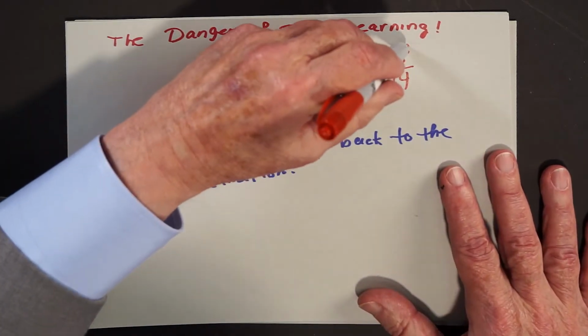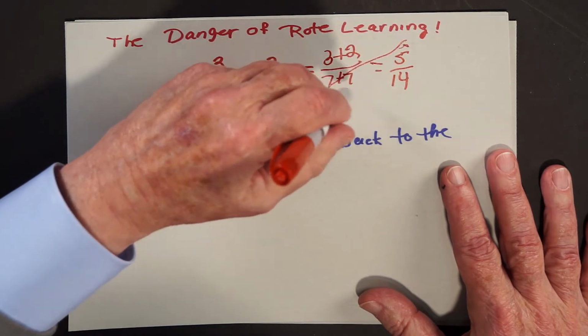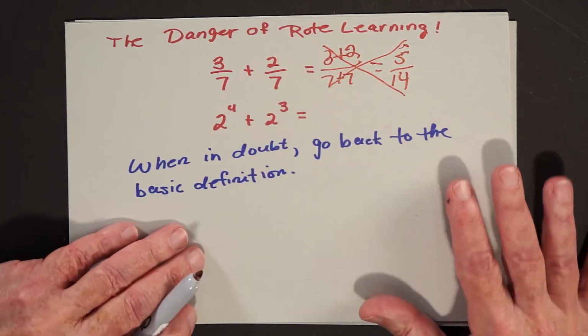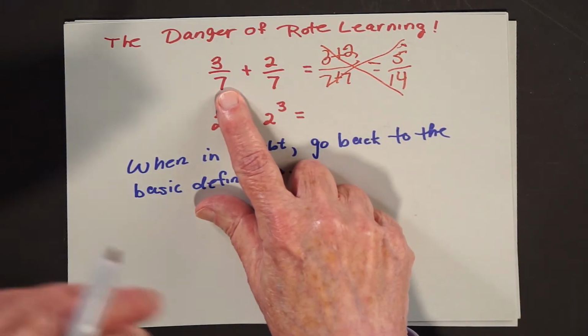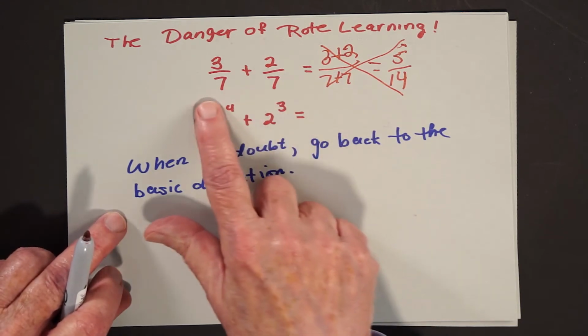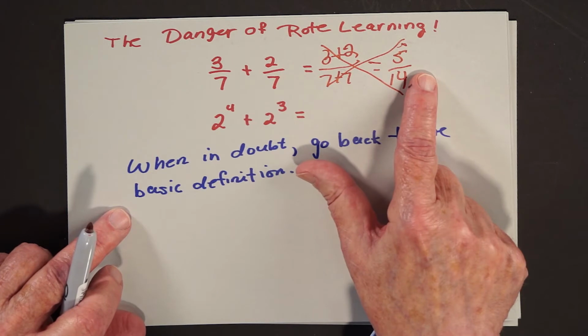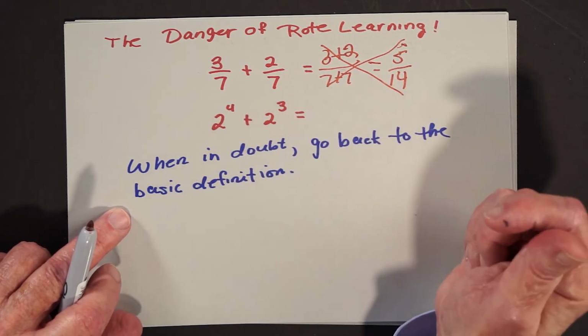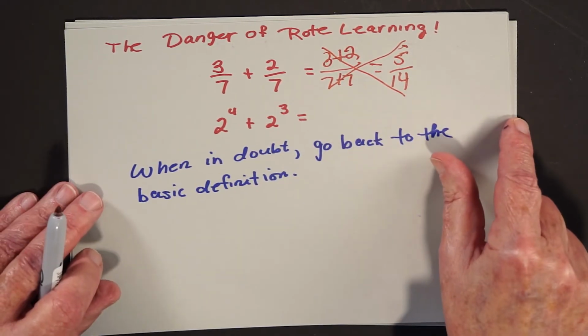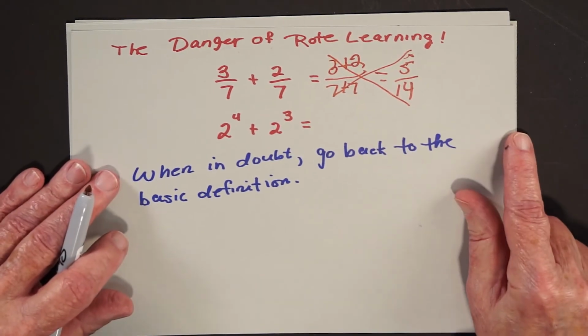And let me cross that out, so nobody watching this will think I thought that was the right answer, is that when you say 3 7s plus 2 7s and spell out the word 7s, people see that the answer is 5 7s, not 5 14ths. But when you're doing things mechanically and have no idea what the answer is supposed to mean, that's when you say things like 5 14ths.